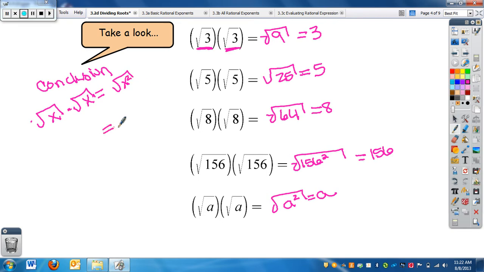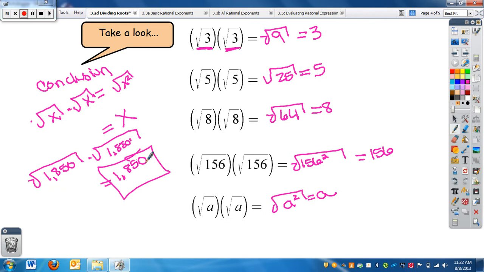It's always going to equal the radicand, which is x. I could have some big number like the square root of 1,850 times the square root of 1,850, and it's going to equal 1,850, because I have two of them. I have a square, which simplifies out, the inverse operation.